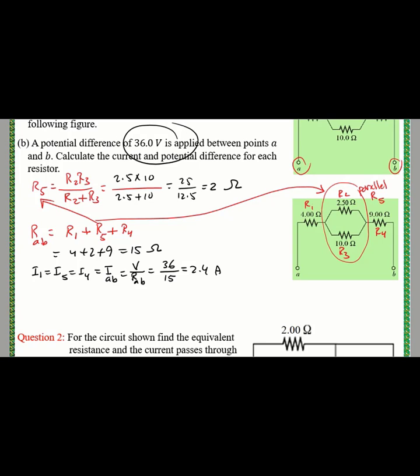Now we can find the voltage for R4: I times R4, 2.4 times 9, it is 21.6. V for the first resistance, I R1, 2.4 times 4, which is 9.6.